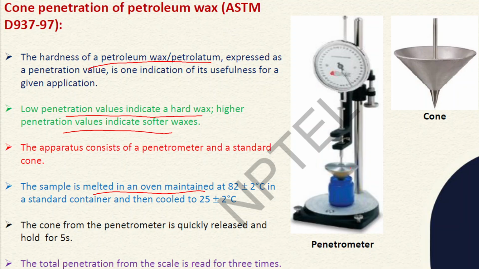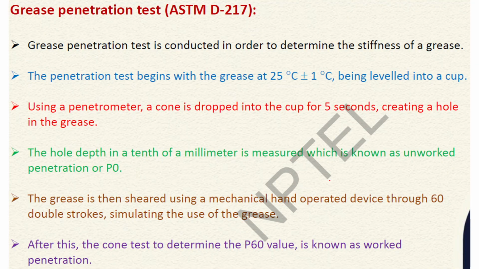This molten wax is poured into the container and then cooled to room temperature. The cone from the penetrometer is released and kept there for 5 seconds, and the total penetration from the scale is read. This test is repeated 3 times to get an average, which gives us an idea about the hardness of the petroleum wax.